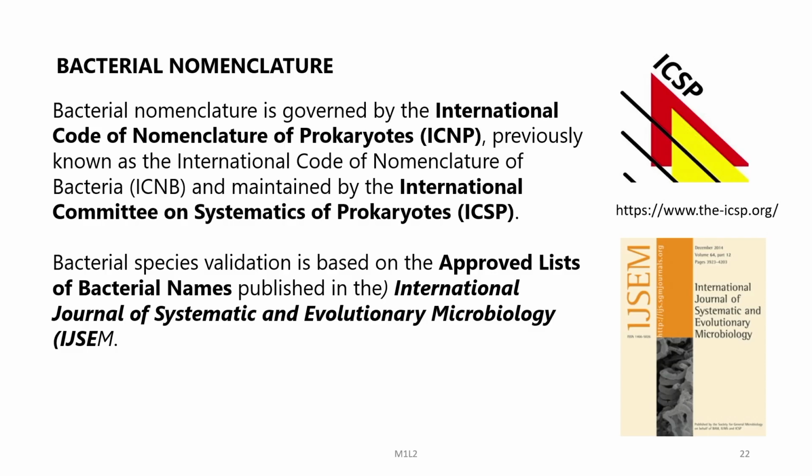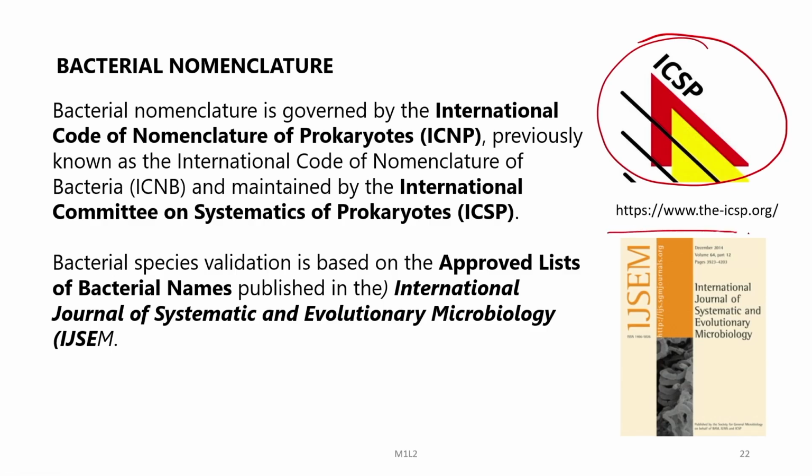Bacterial nomenclature is governed by the International Code of Nomenclature of Prokaryotes, or ICNP, which was previously known as the International Code of Nomenclature of Bacteria, ICNB, and this is maintained by the International Committee on Systematics of Prokaryotes, or ICSP.